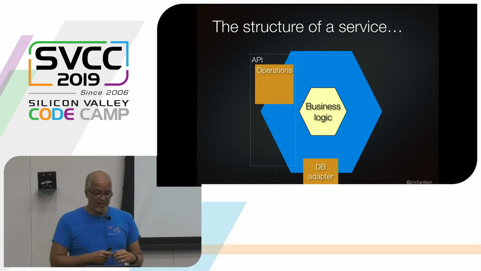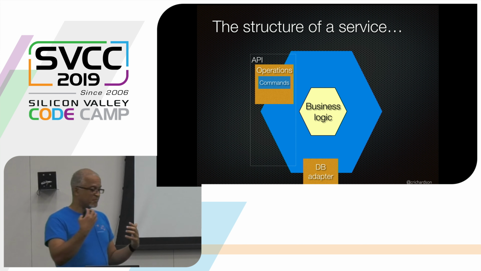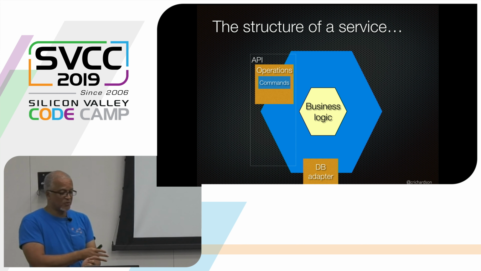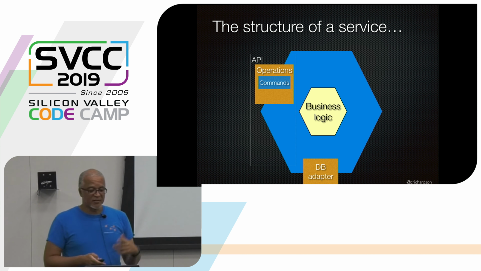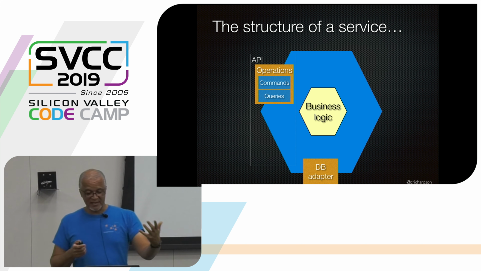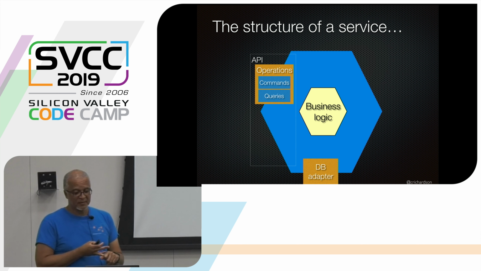And there are two types of operations. There are commands which change data. So if this was the order service, it would be create order, revise order, cancel order. And then there are queries, which are operations that retrieve data without changing it, like find order history, etc.